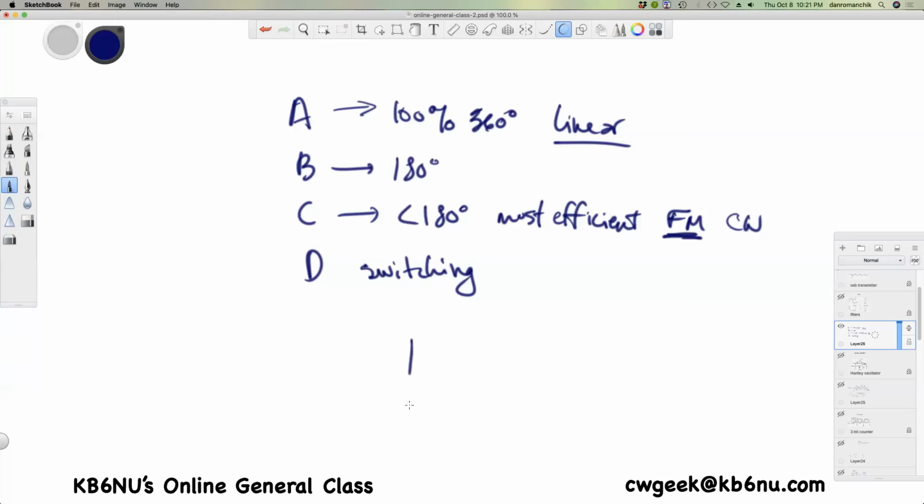And then there's a question about amplifier efficiency. So if you've got an amplifier here, you're inputting some amount of power from your power supply, right? And you're getting some amount of output power.